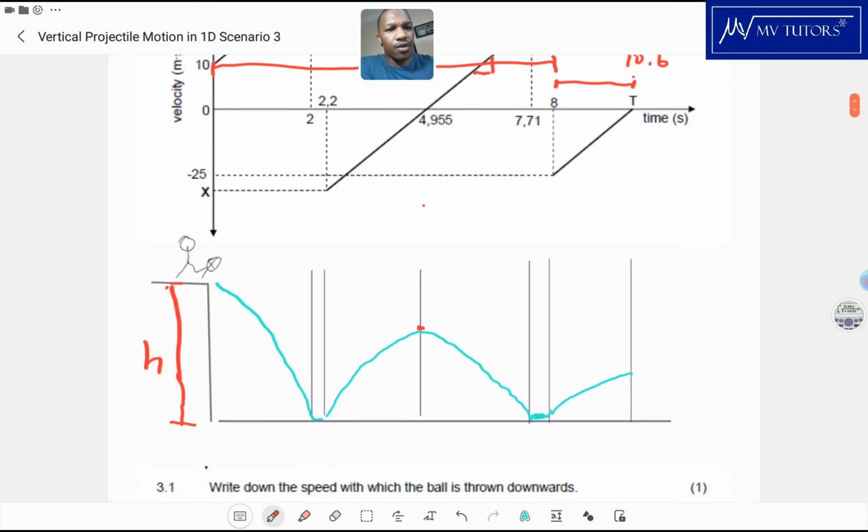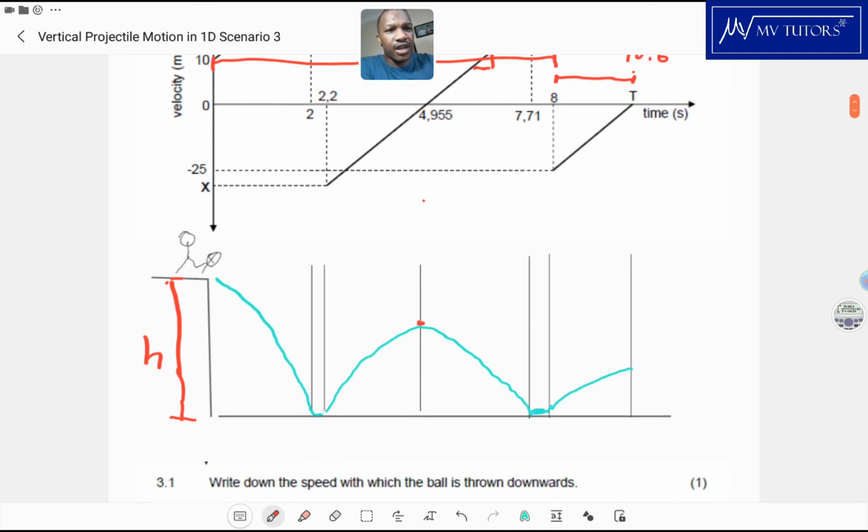So the velocity at this point must be equal to the velocity at this point, theoretically speaking. And they told us that we can ignore all kinds of air resistance, so these velocities are the same.